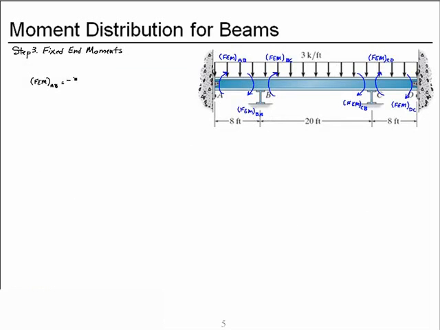So that means that the fixed end moment AB will be minus the 3 kips per linear foot times the 8 feet length squared over 12, which is a negative 16 foot kips, and clockwise would have been positive.